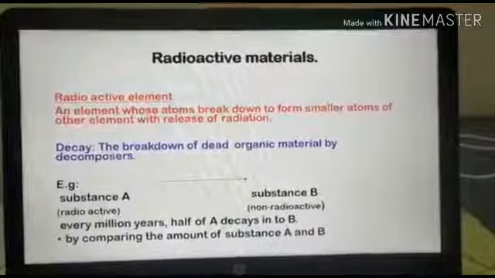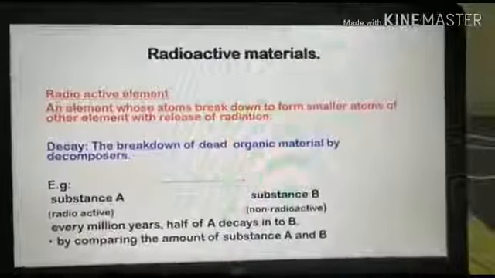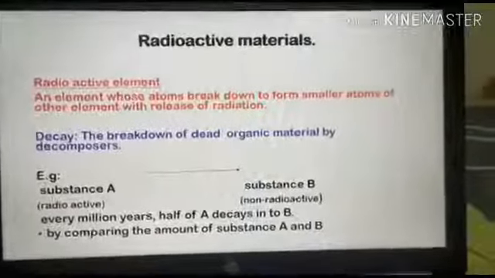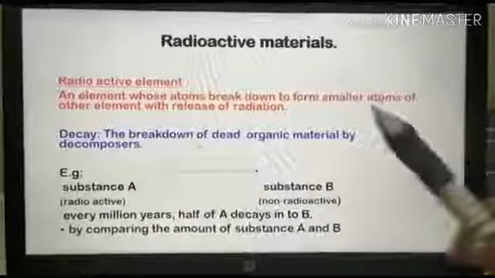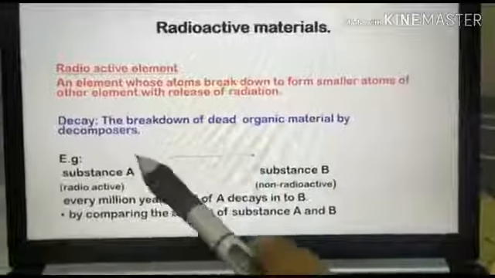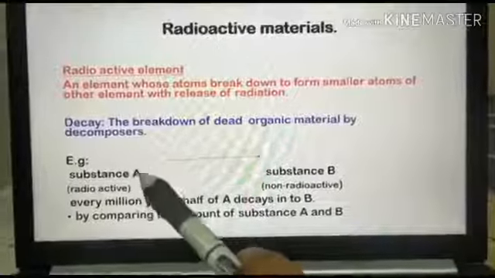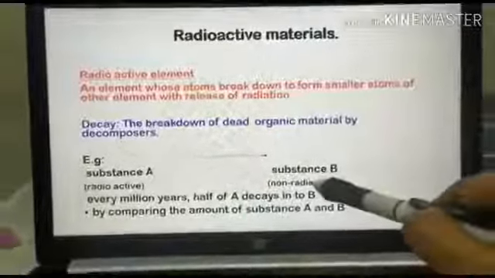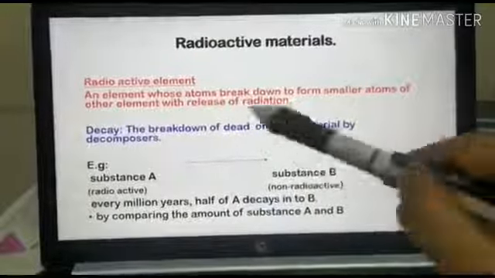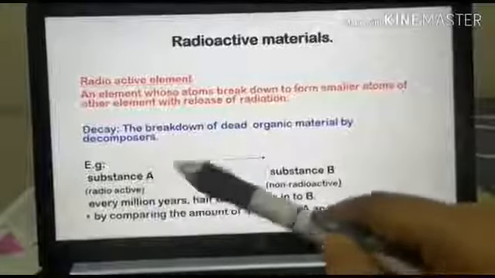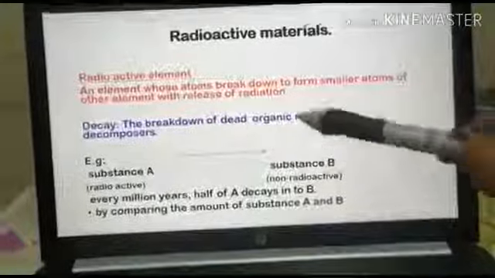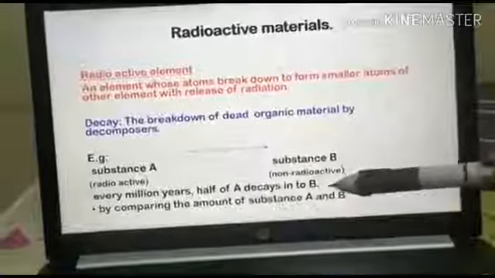So what will happen? The radioactive substance A will change into substance B. So we will get a non-radioactive substance. Every million years, half of A will decay into B. So when we get a piece of rock, we can take the amount of A and the amount of B and compare them.